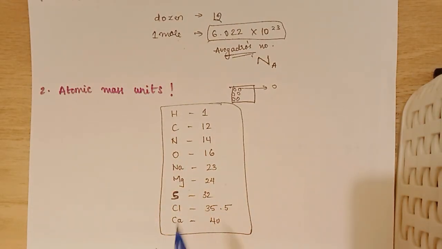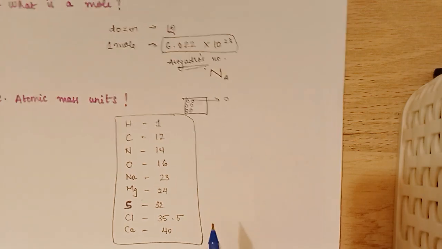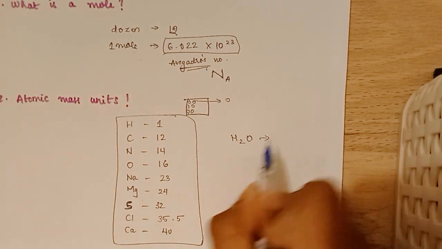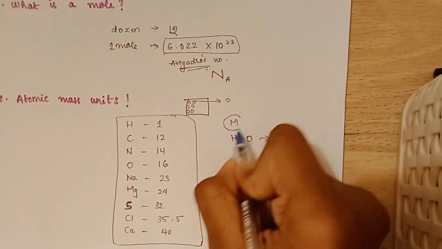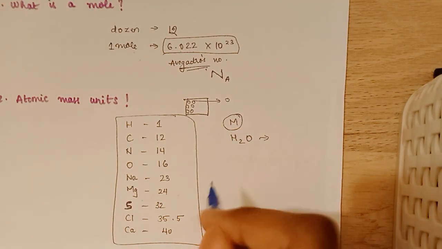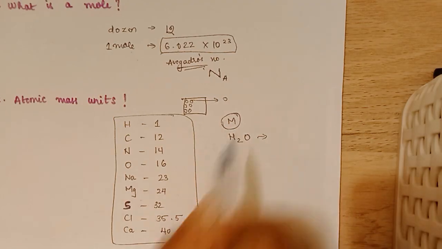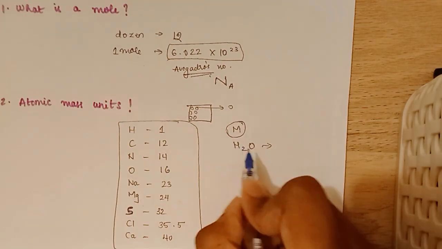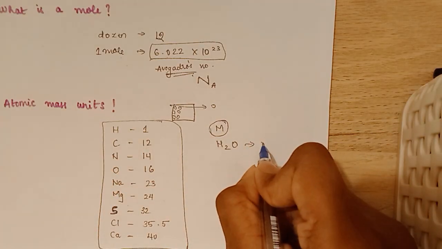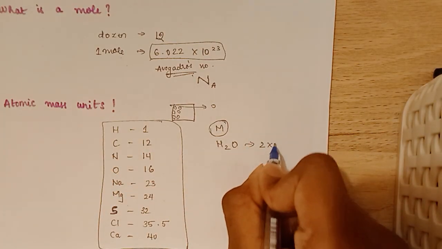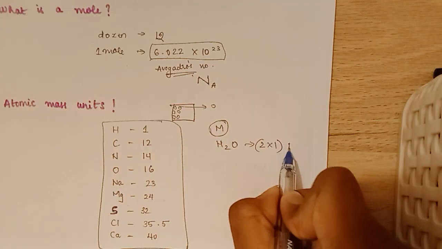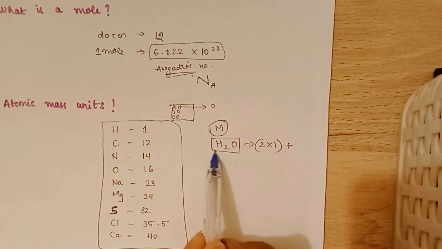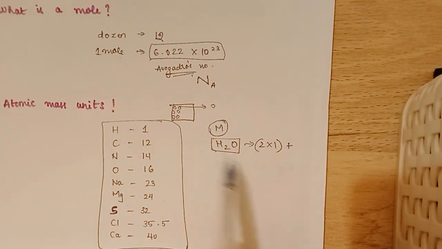You need to know this. Why do you need to know this? For example, if they give H2O and ask you to find the molar mass, that is something we will be learning later. How do you find the molar mass? H, so how many H is there? 2H, that is 2H into 1, plus, when we add all the atomic mass units of the compound, we'll get the molar mass.